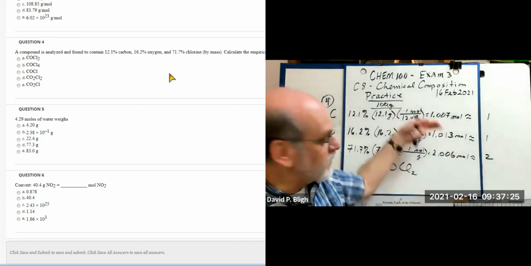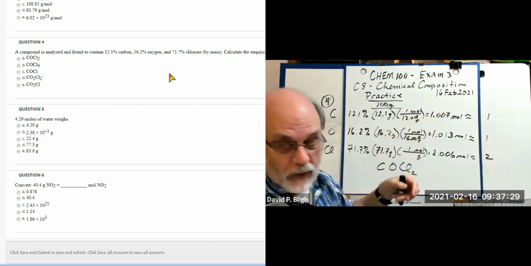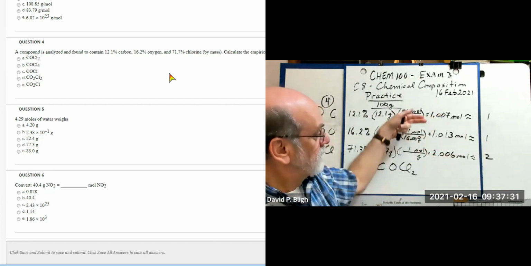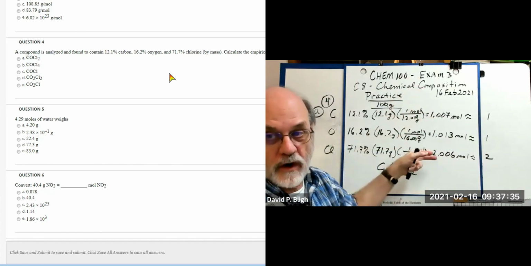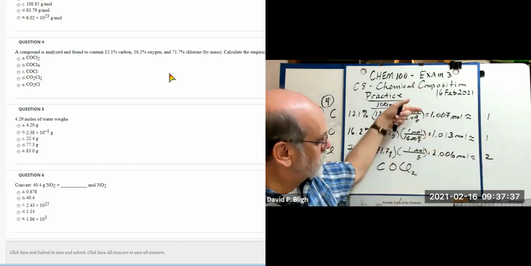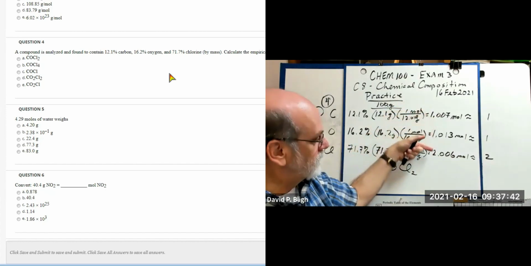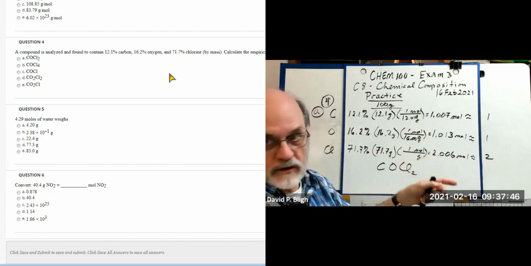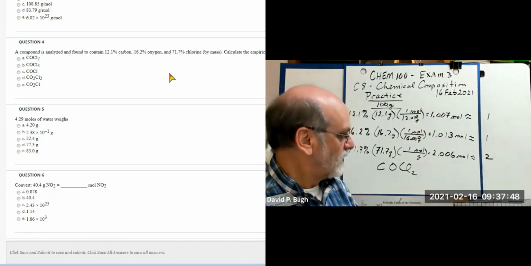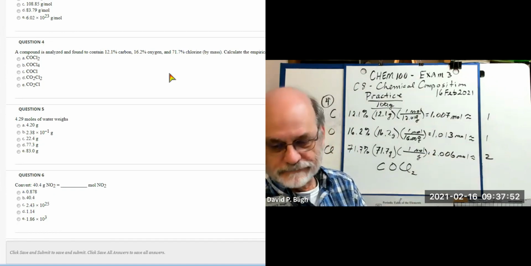If they were very far from whole numbers, then you would divide the whole thing through each one by the smallest one. So we divide by that one to give us 1, and this one would give us a little over 1, and this will give us a little less than 2 maybe. But we didn't have to do that because they were so close to whole numbers.